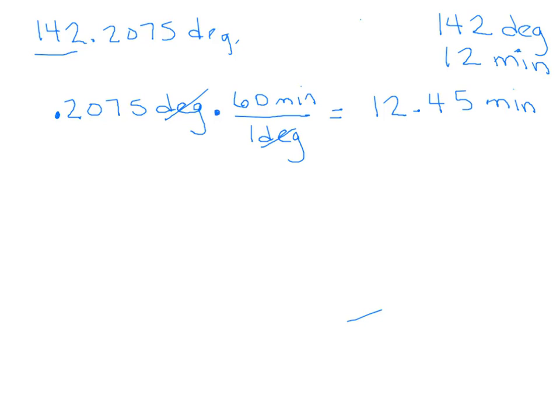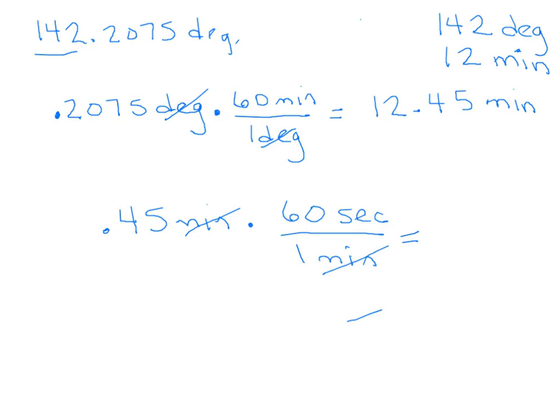But I have 0.45 minutes left. Does everybody understand why I'm doing this? Because I'm trying to change it from degrees to degrees, minutes, and seconds. Okay, good. So now what I'm going to do is I'm going to multiply by 60 seconds is equal to 1 minute. So I'm going to cancel minutes with minutes.